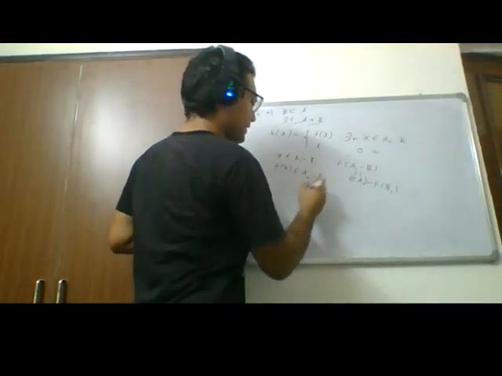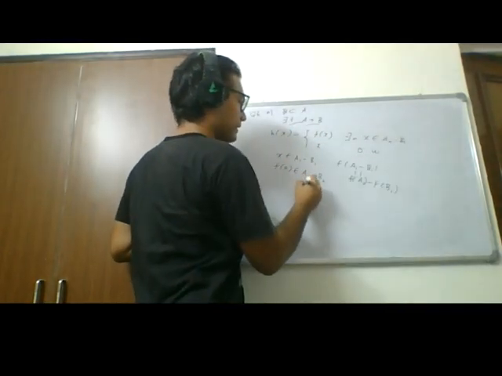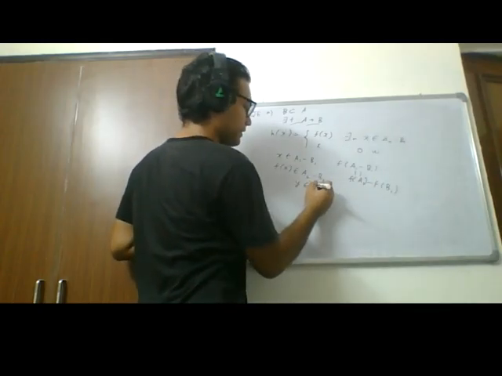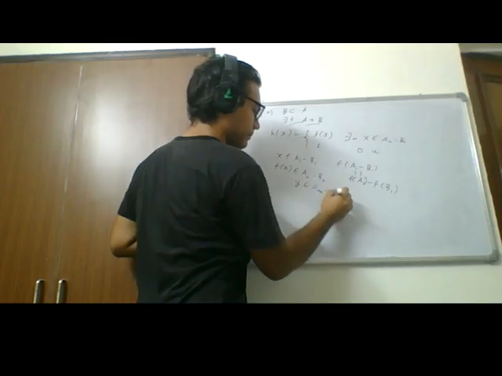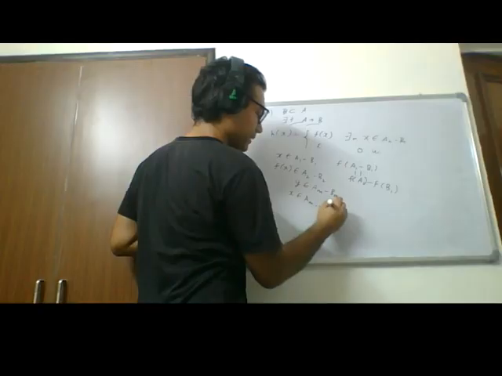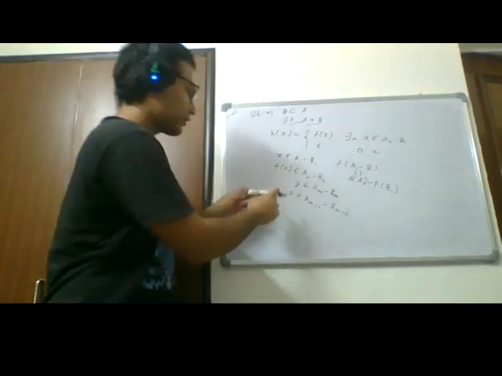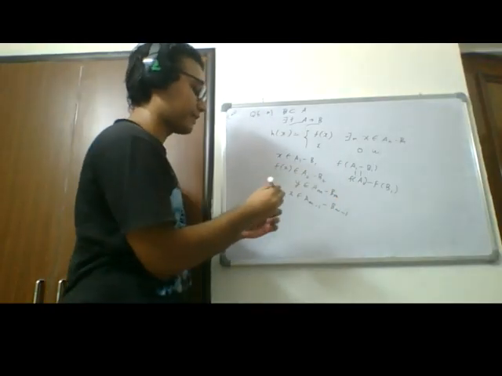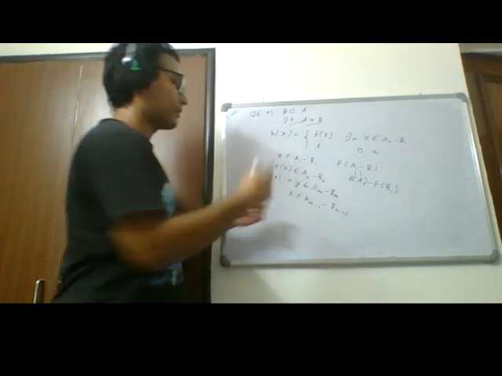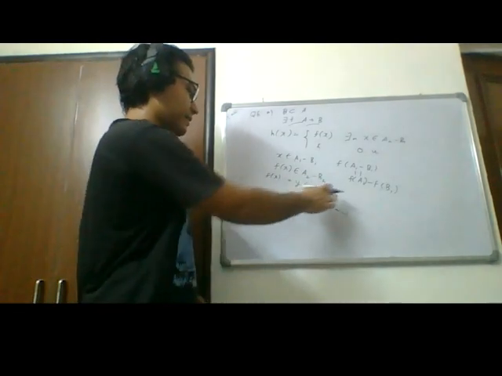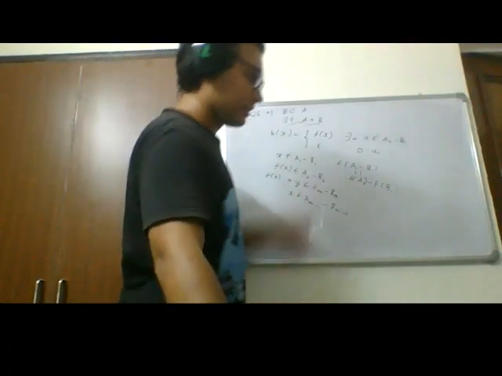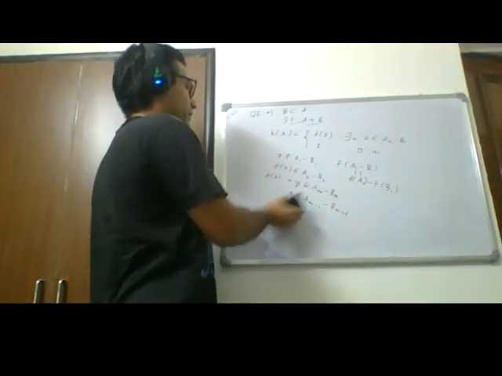Let's say the output y is in A_m minus B_m. Then there has to be an x belonging to A_{m-1} minus B_{m-1} such that y is equal to f of x. Why? Because of the definition of what A_m and B_m represent. So that's how we get a bijective function from this situation.